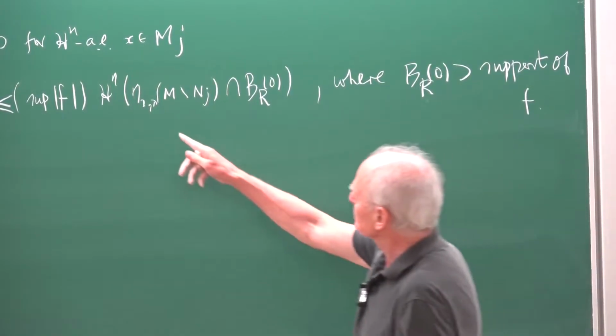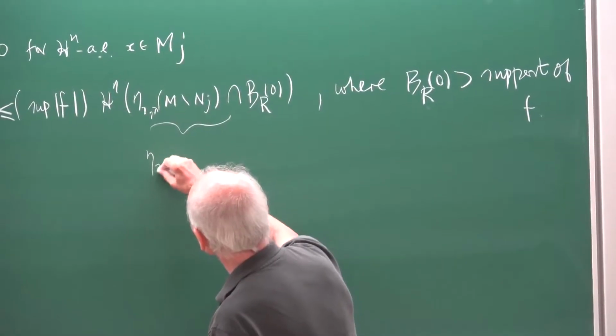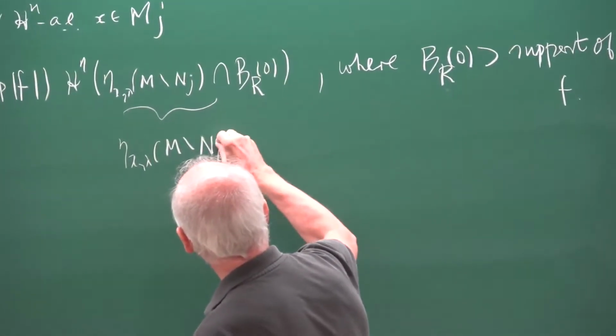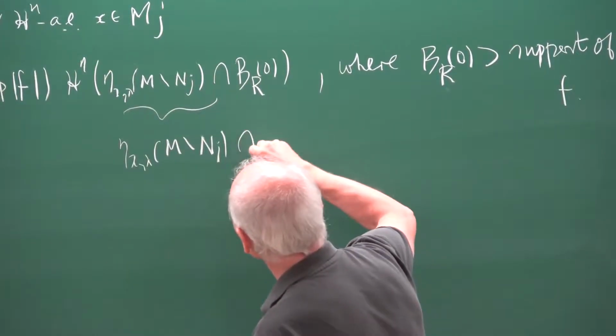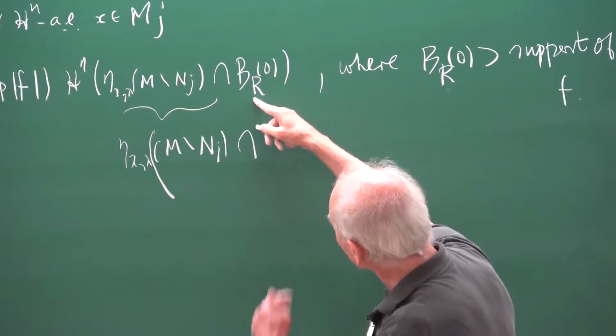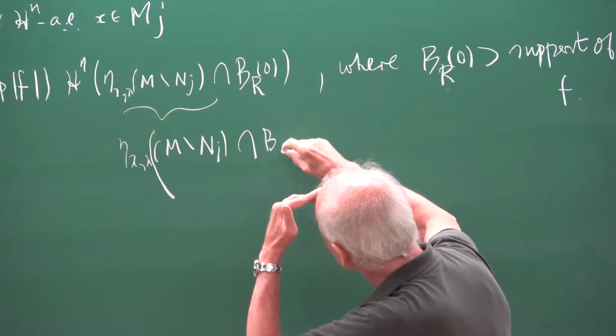And then let's rearrange this a little bit. Notice this is the same as η_{x,λ} of M minus N_j intersect, if I put a bracket there, and remember η takes the ball of radius r to the ball of radius λr.